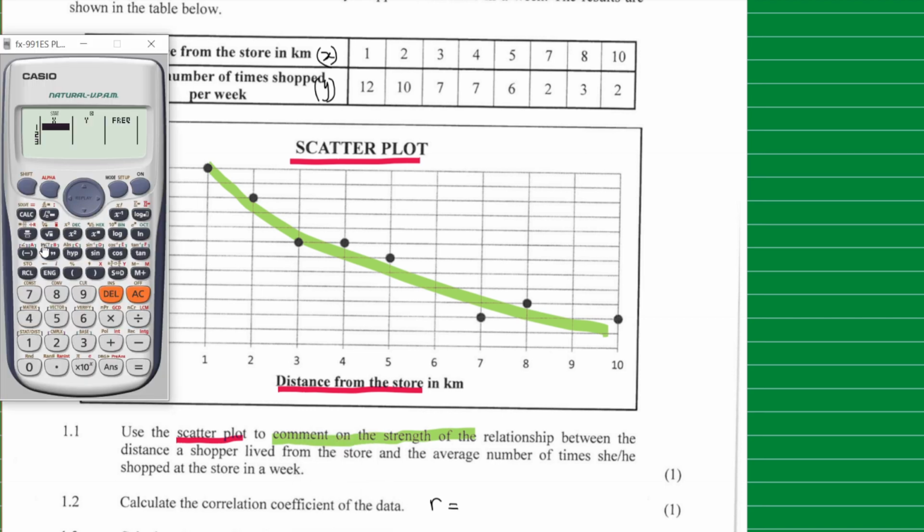So I'll have here 1, like that, 2 equals, 3 equals, and so on. And then we move on to the other set of data, line them up.